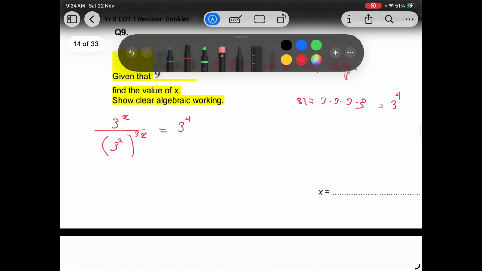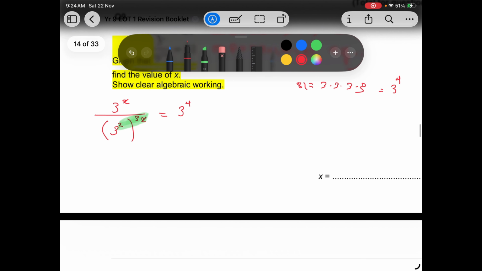Then I will try to make this left hand side a single power. First I can multiply these two powers just to ease the life. So it will be 3 to the power x, and here 3 to the 6x equals 3 to the power of 4. Look at this left side.